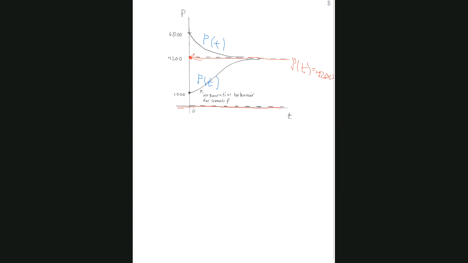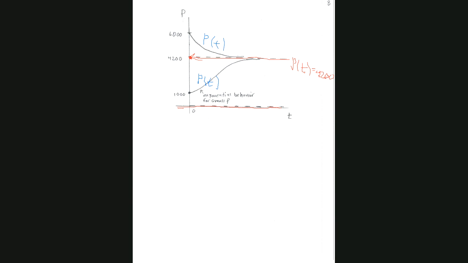The rate of growth is 0. So deer are being born, but they're also dying, and deer being born and deer dying at the same rate, the population stays at 4,200.